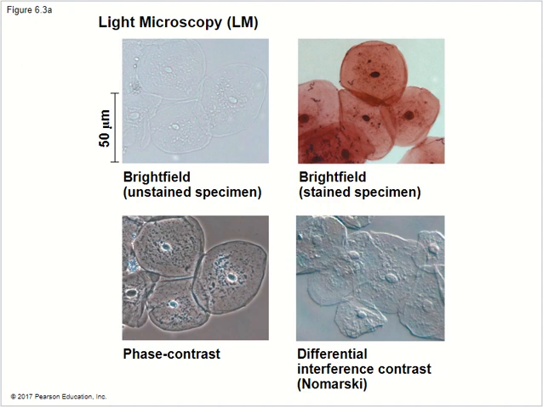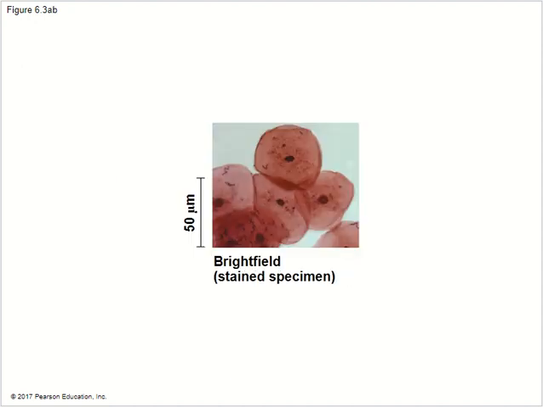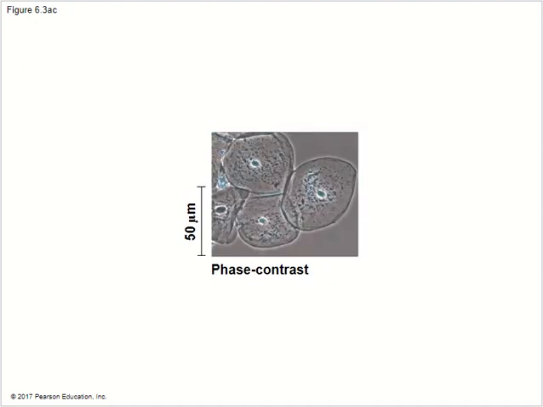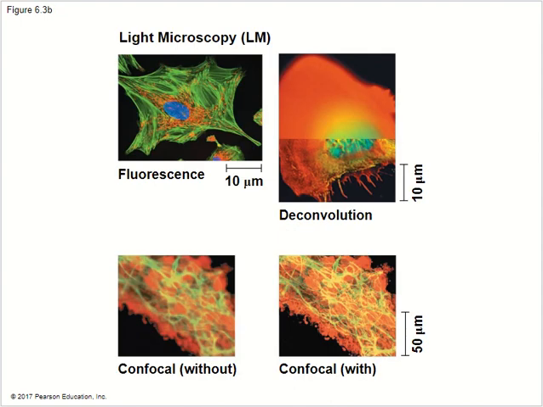And then there's phase contrast and differential interference contrast by Nomarski. Usually the units we're looking at are micrometers. A micrometer is 10 to the negative 6 meters.